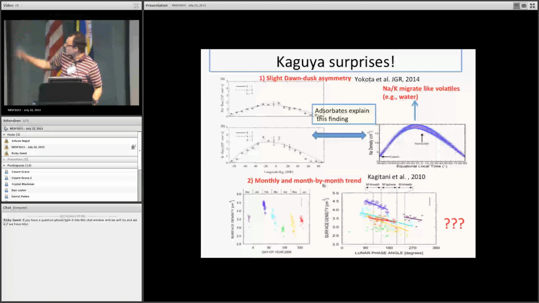If you notice carefully, you'll find that the atmosphere is not centered around the subsolar point in this top panel on the left. The peak is shifted 10 degrees towards the dawn. That is clear evidence that the reservoir for the atmosphere is not infinite.